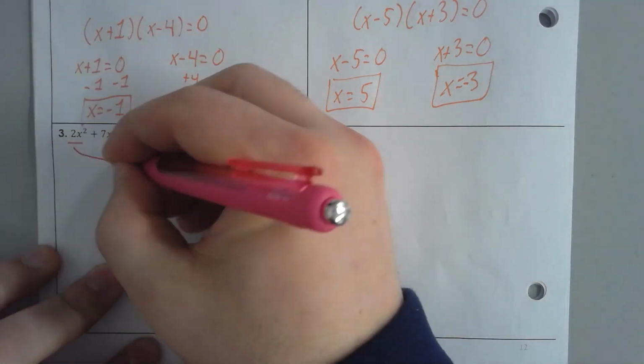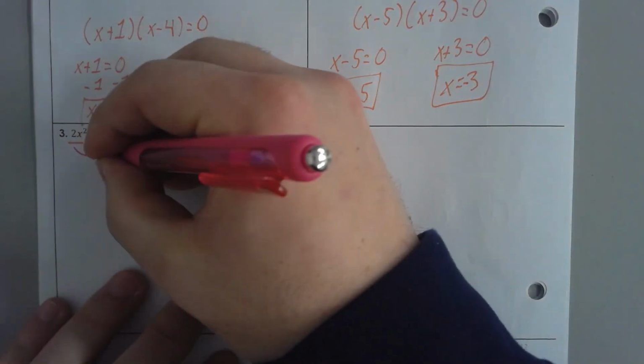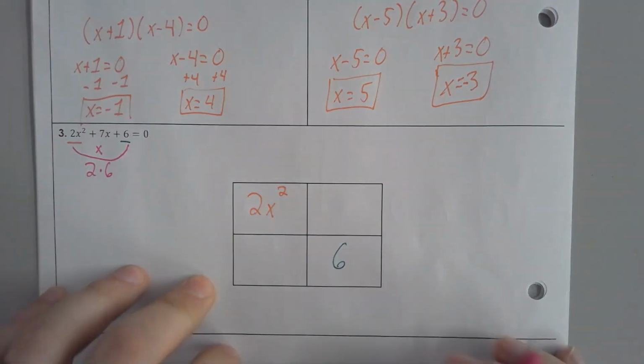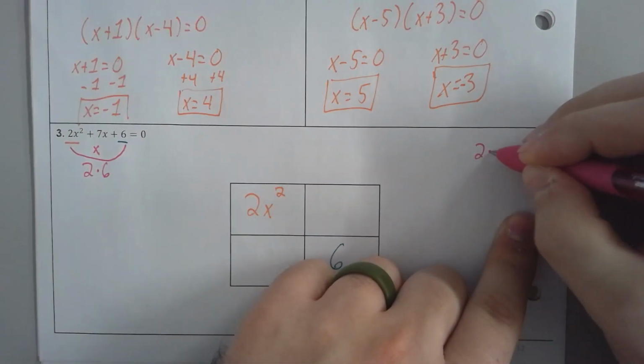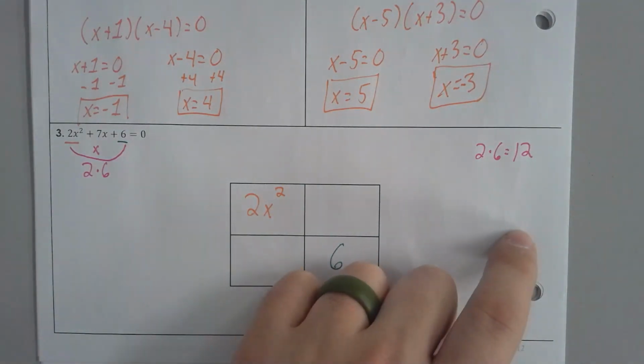Then we need to multiply our A and our C. So that's 2 times 6. 2 times 6 is 12.